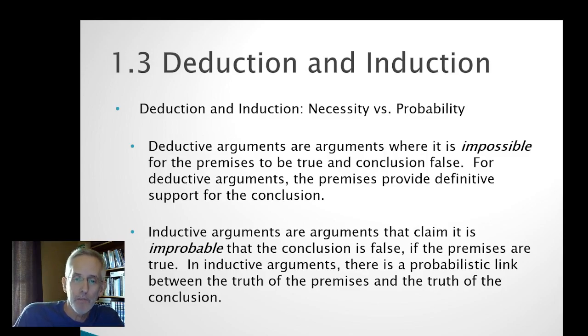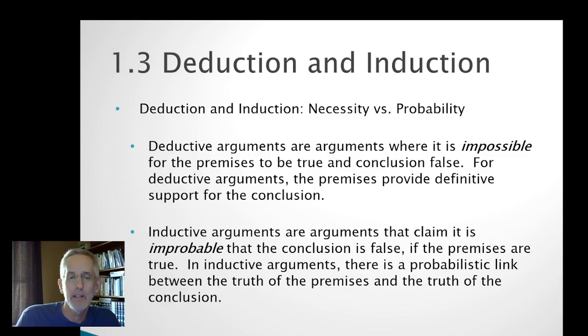Now, inductive arguments, on the other hand, are arguments that claim it is improbable that the conclusion is false if the premises are true. So in inductive arguments, there's a probabilistic link between the truth of the premises and the truth of the conclusion. Even if an inductive argument is constructed as well as it possibly can be, in the best case scenario it's only highly likely that the conclusion follows.